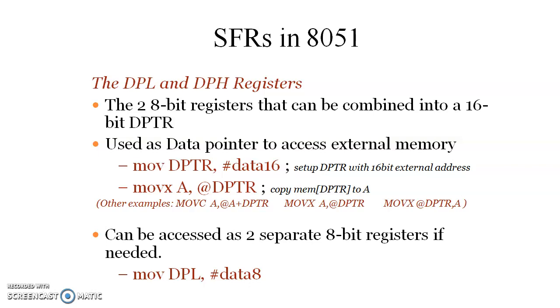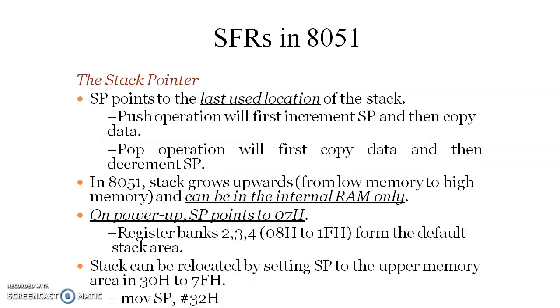That 16-bit data will get stored in DPTR with the help of the move instruction, and it will be split into DPH and DPL, 8 bits each. It can also be accessed as two separate 8-bit registers. You can directly store 8-bit data in DPL or DPH with the move instruction, MOV DPL, #data, or MOV DPH, #data.